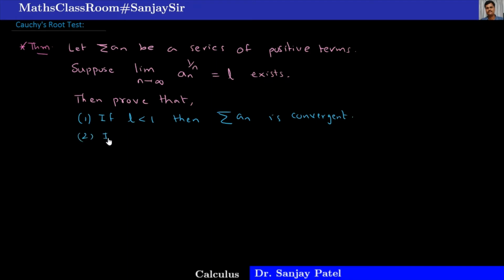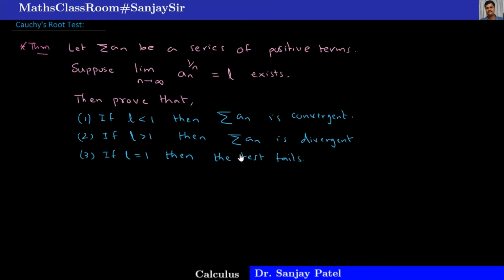If L is greater than 1, then the series sigma an is divergent. And the third thing is, for L equal to 1, if the value of the limit is 1, then the test fails. We cannot determine whether the series is convergent or divergent.